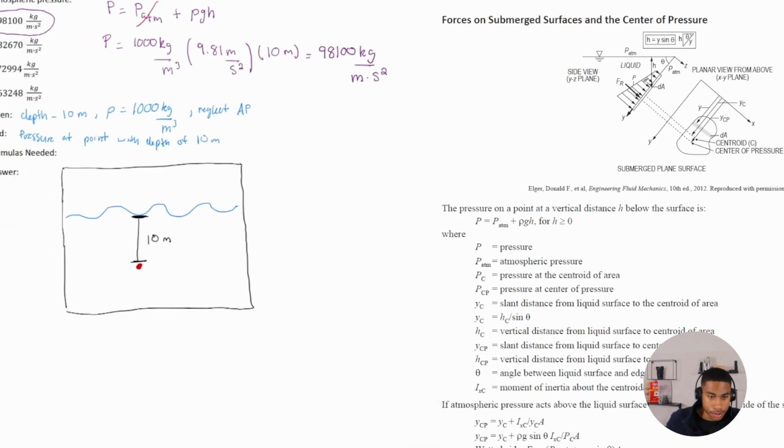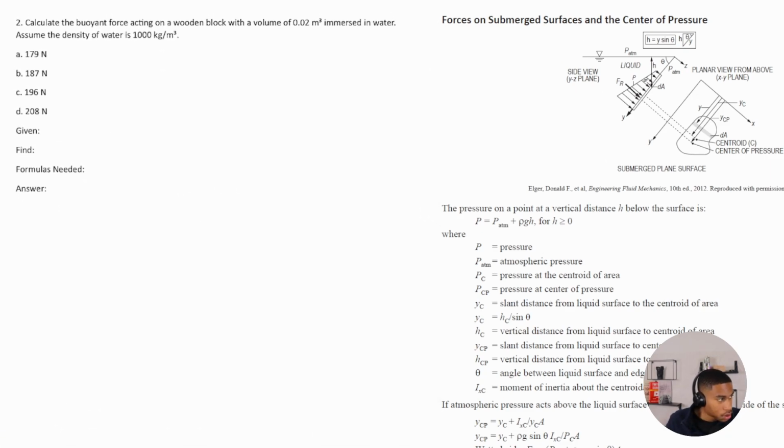Let's look at number 2. Number 2 says calculate the buoyant force acting on a wooden block with the volume of 0.02 meters cubed immersed in water. Assume the density of water is 1,000 kilogram per meter cubed. All right. What are we given? We're given the volume, which is 0.02 meters cubed.